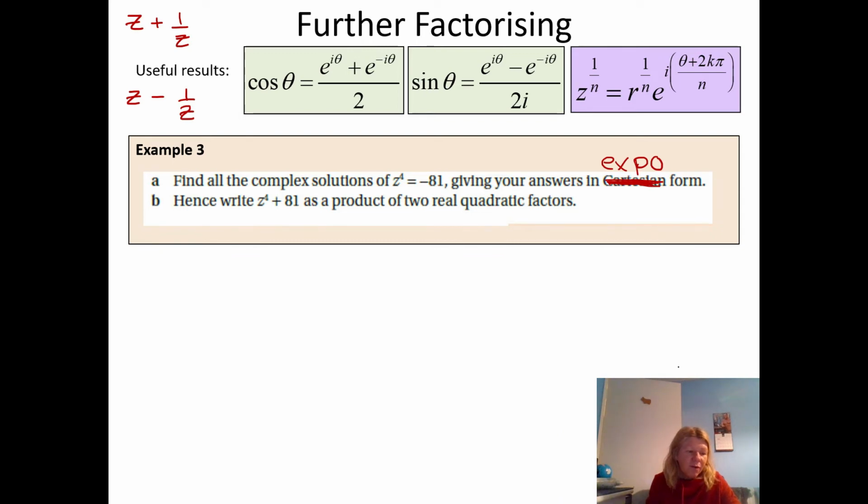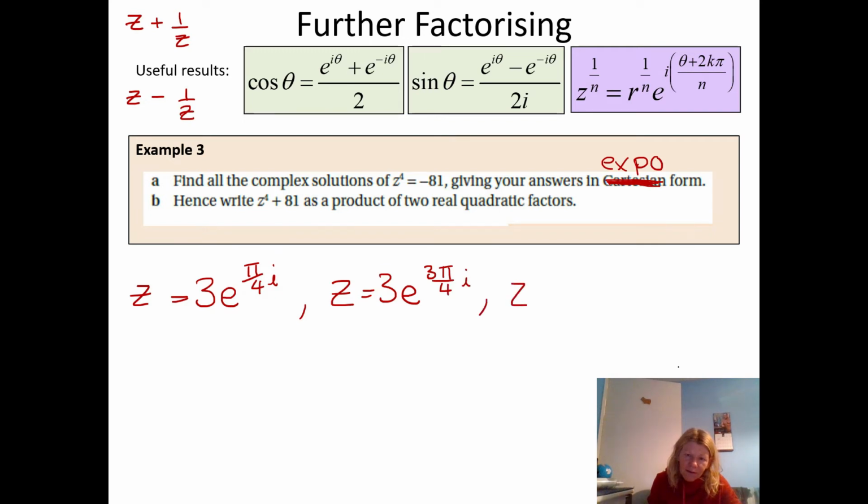So if we did it in expo form, well, we've done this a bit ago, haven't we? We don't want to go into all of that again. We've just done the question. So back a couple of slides ago, we'd done it in exponential form first. We had this, we had this, we had this, and we had this.